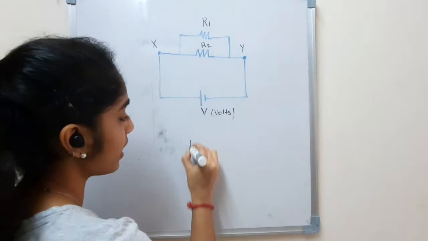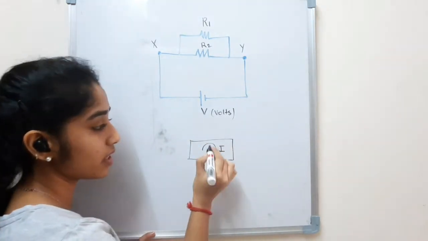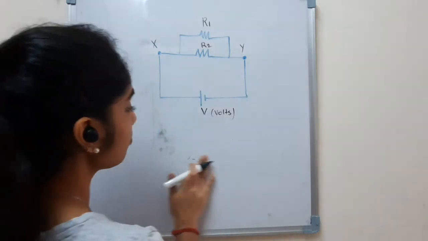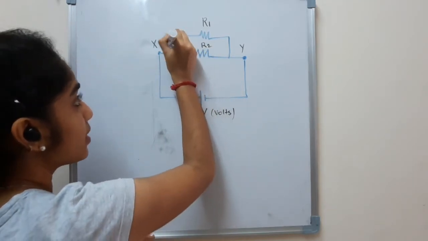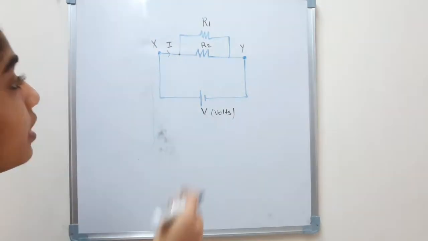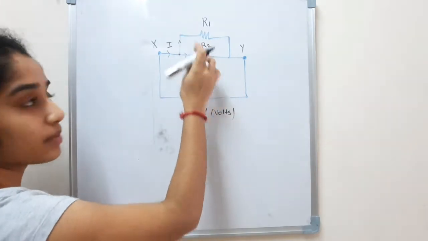So we know that in a single loop, current is the same because there is only one path for the electrons to travel. But here, at this point, let's say current capital I is entering, or you can say it as a node. The current is getting split into two, right? Because there are two branches.